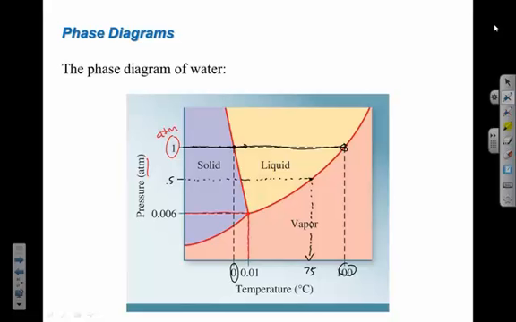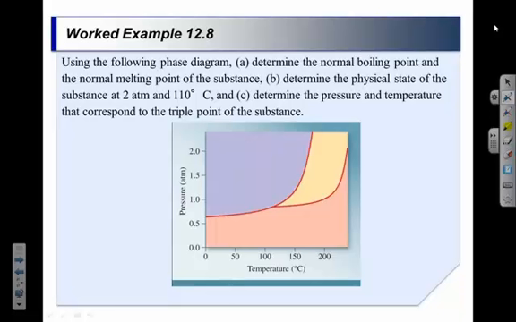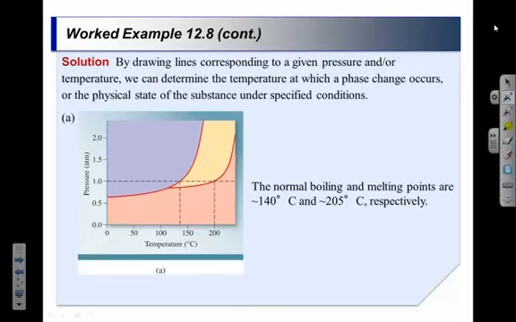And so let's look at examples. There's a couple examples in the textbook that we can just run through here. So here I've got a phase diagram. This is not water, it's some other substance. First thing we want to do is determine the normal boiling point. Normal means 1 atmosphere pressure.